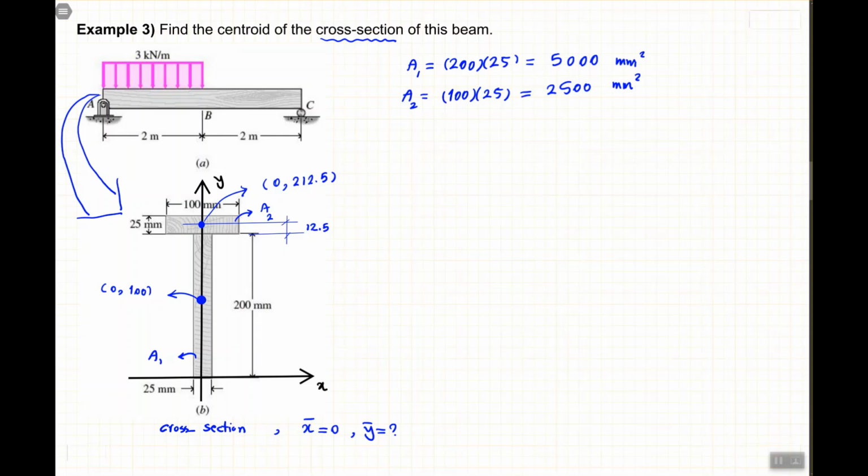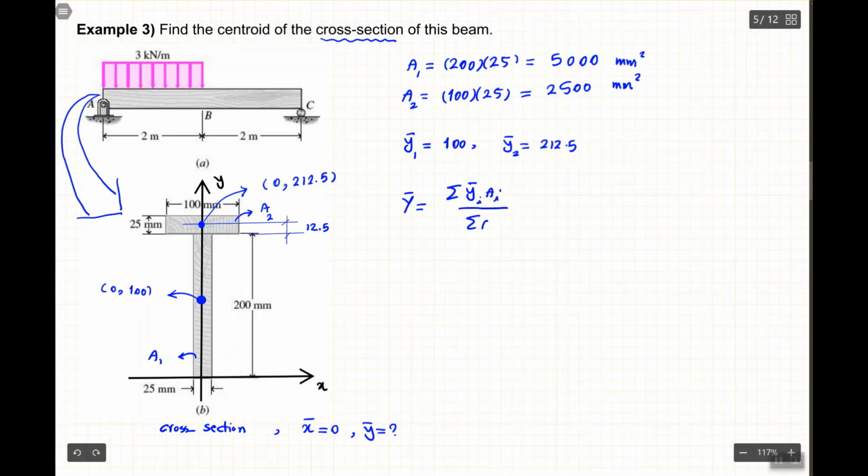So then I have y bar 1, which is 100, and y bar 2, which is 212.5 millimeters. So I need to calculate y bar. It has the formula y bar equals the sum of y bar i times A i, divided by the sum of the A i.